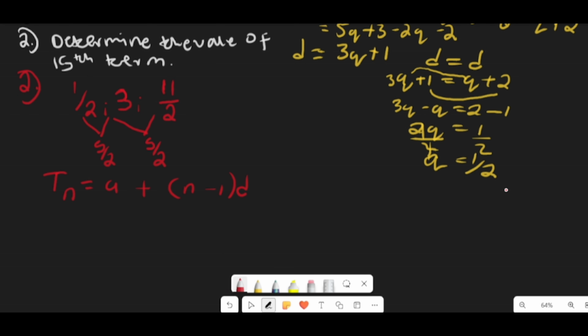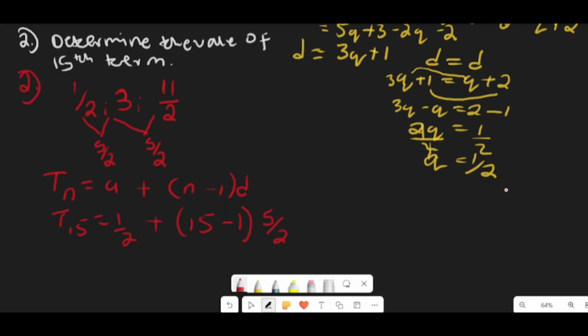You can actually come here and say t15 is going to be equal to the first term, a half, plus (15, which is the 15th term we are looking for, minus 1), all in brackets, times the common difference of 5 over 2.